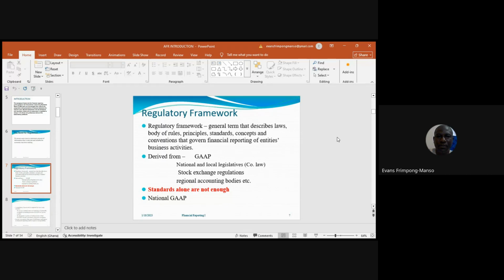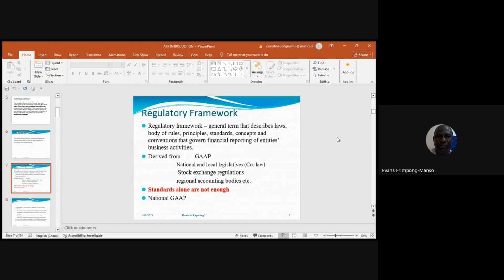For instance, in Ghana here, when they want to prepare the financial statement, they have to comply with the requirements of the Companies Act of 2019, Act 992.